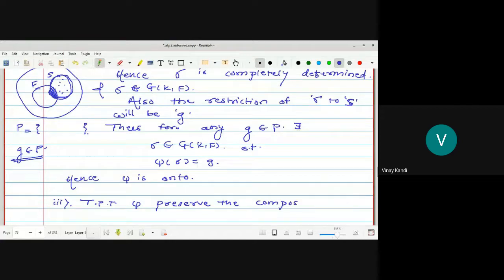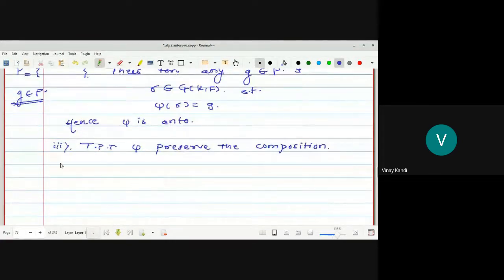Okay, now let sigma 1 and sigma 2 belong to G(K, F) be any arbitrary elements.